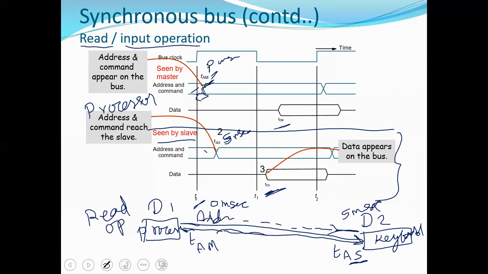The data is visible by the master. It is two different times because of this propagation delay, the time taken for the movement of data. Fine, data reaches the master after some time. This is how the read operation takes place and the timing diagram of the read operation.